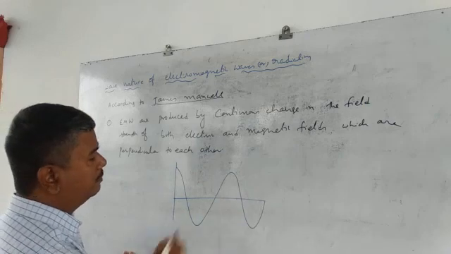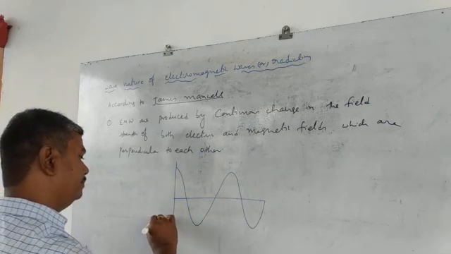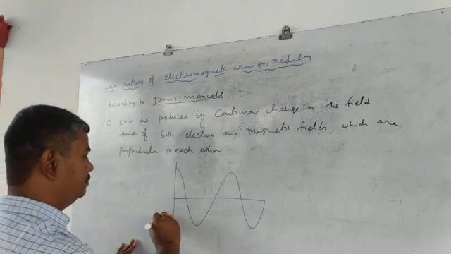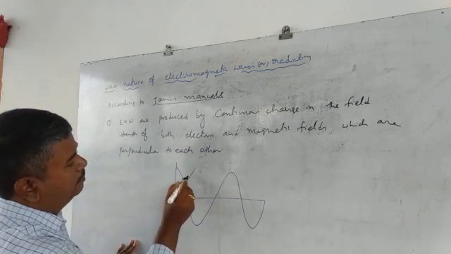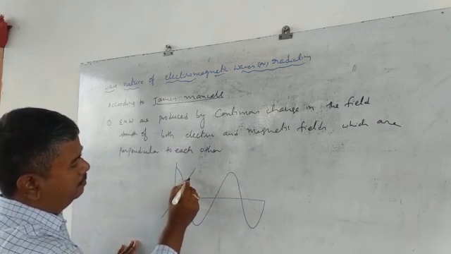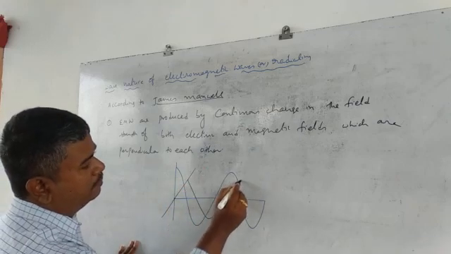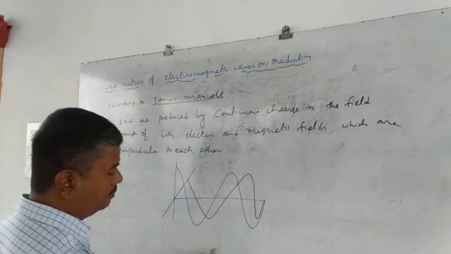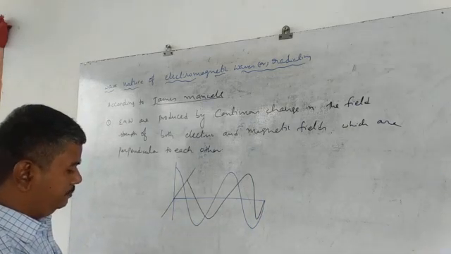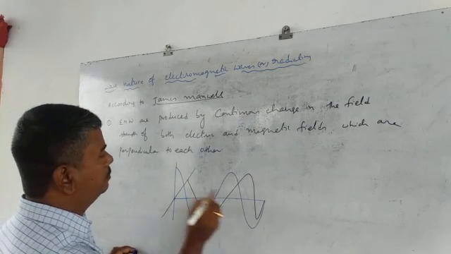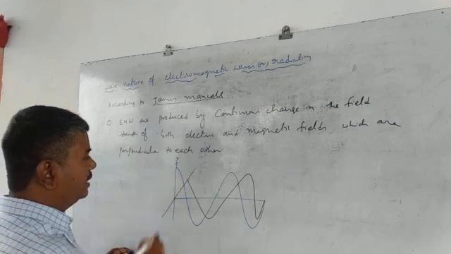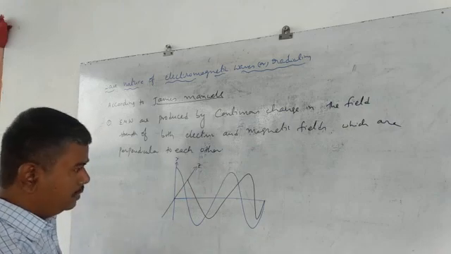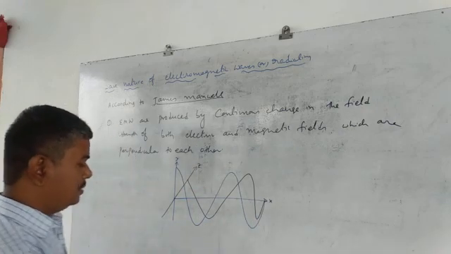This one is the electric field, this one is the magnetic field. This one is the y-axis, this one is the z-axis, and this one is the x-axis.